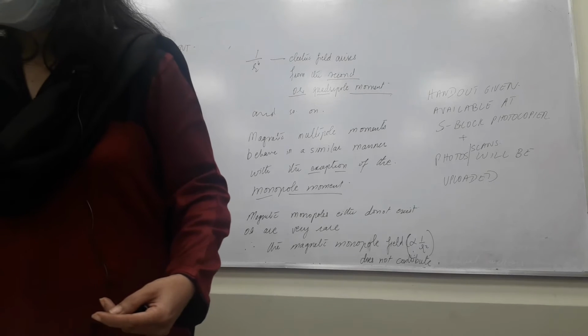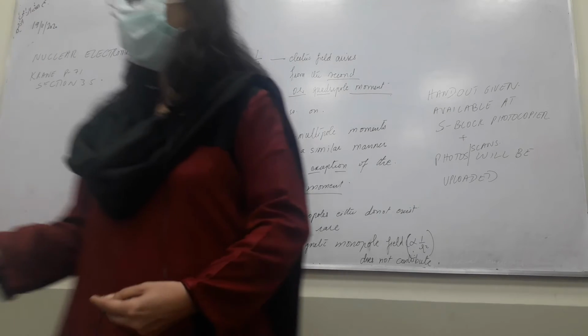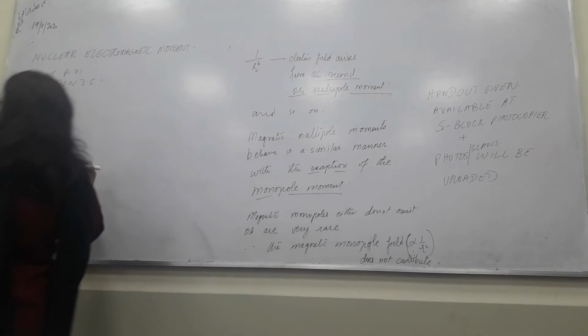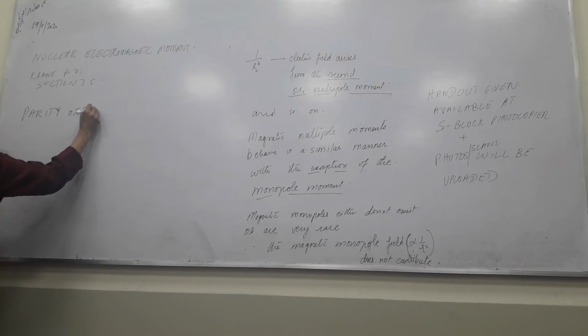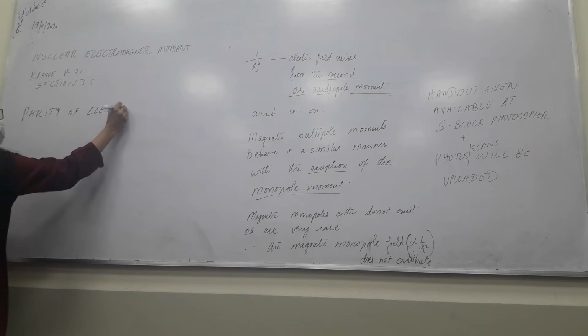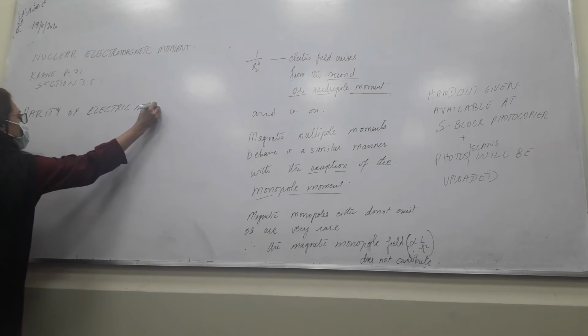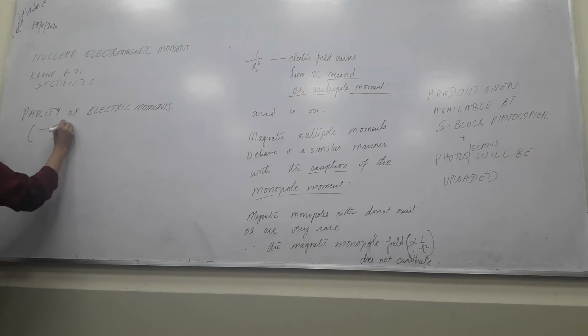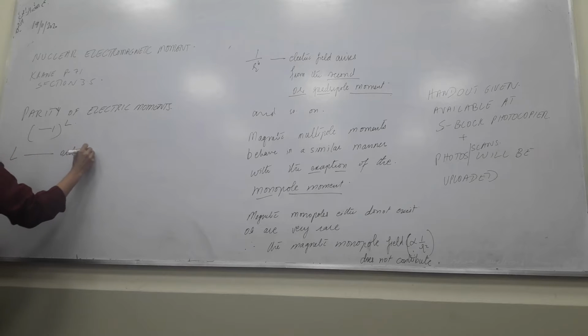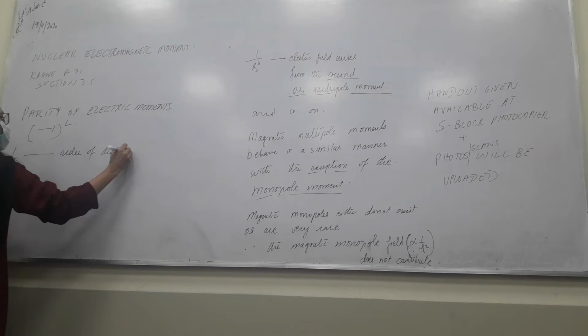So, let us just write the main formulas for this. Parity of electric moments is minus 1 raised to L. L is called the order of the moment.